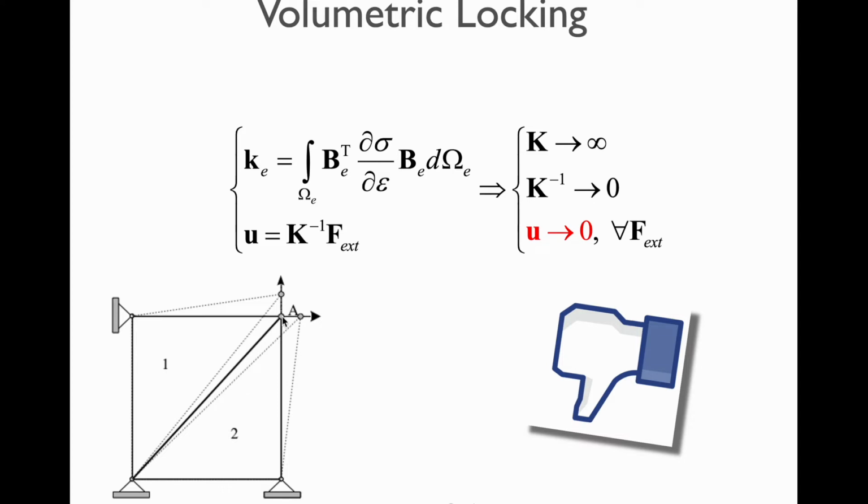If you try to push this node in the horizontal direction, the area of both elements 1 and 2 will change. And if you try to move the node in the vertical direction, that also implies a change in the area of the two elements.